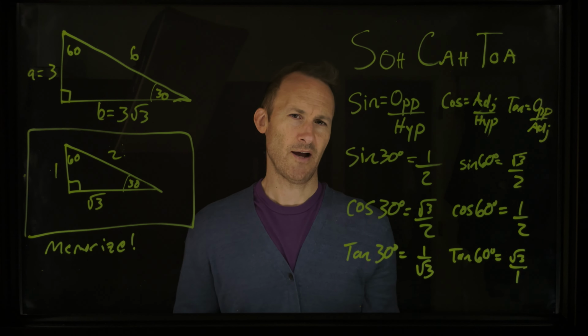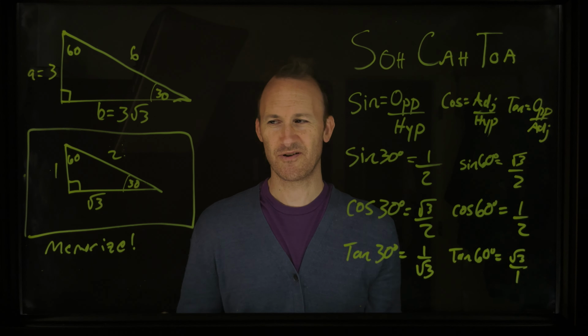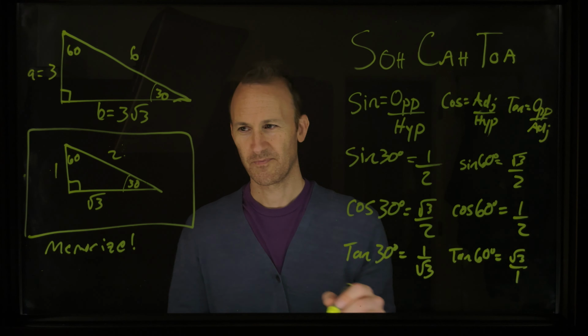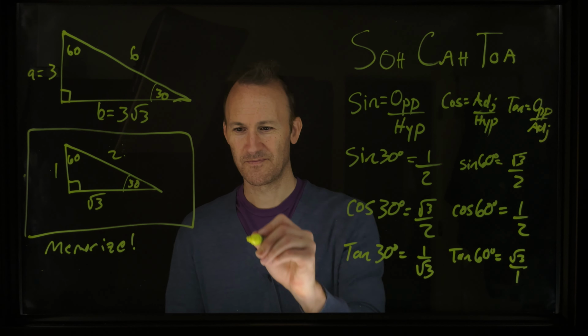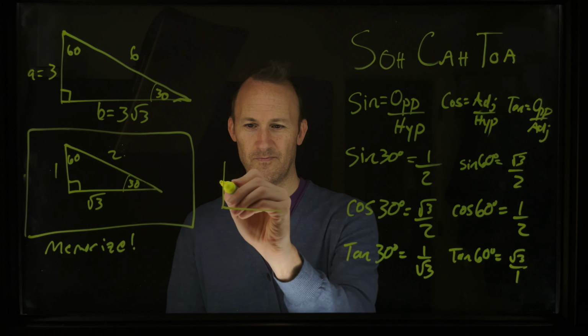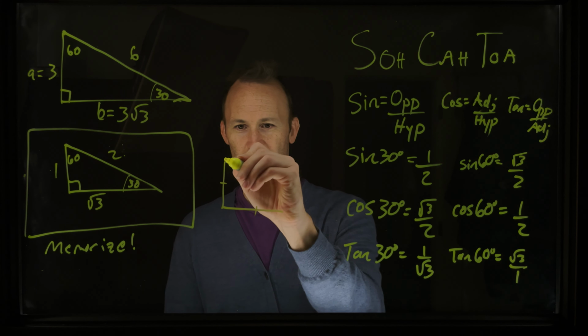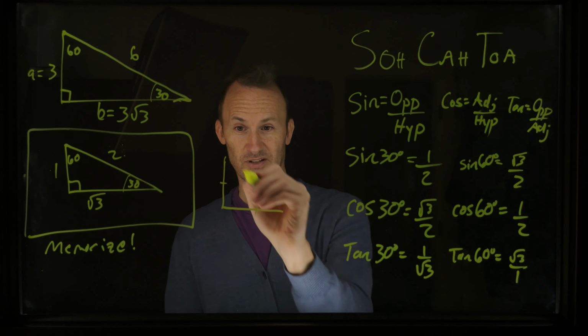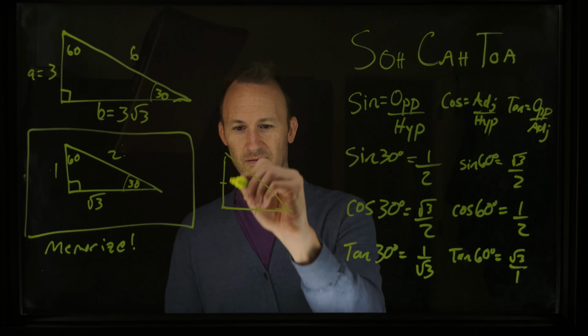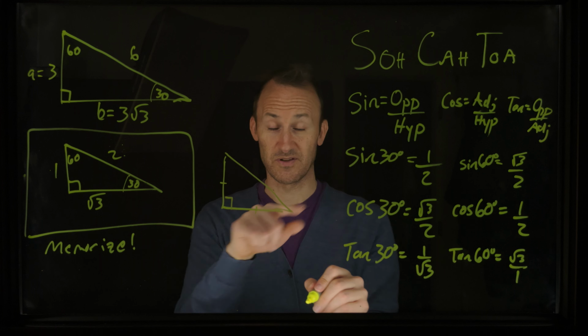Okay, I do want to share with you, though, there is one more right triangle that's really important. And here it is. It's the 45, 45, 90. Now, if I draw those marks like that, by the way, that would indicate that these two sides are the same. They're supposed to be.